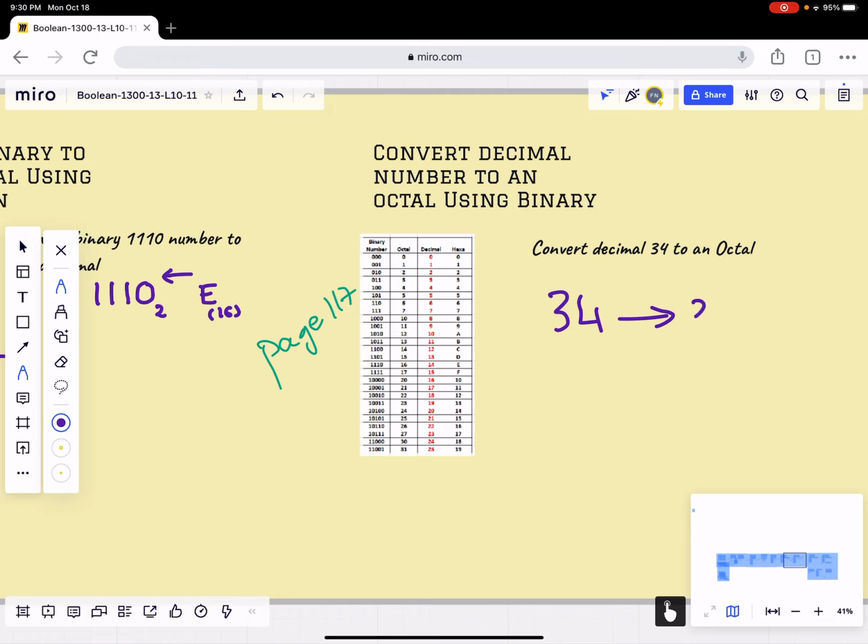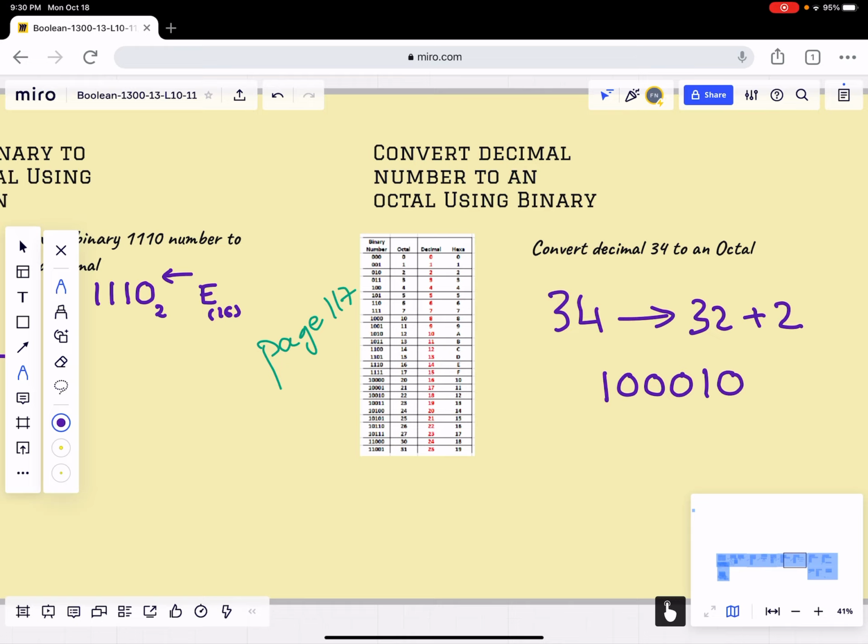So 1 for 32, 0 for 16, 0 for 8, 0 for 4, 1 for 2, and 0 for 1. So that is the binary number for decimal 34.